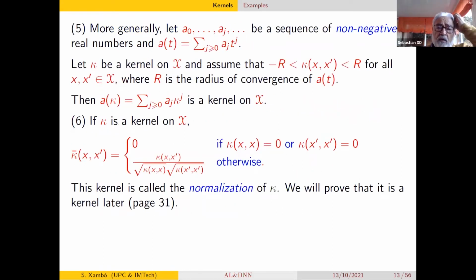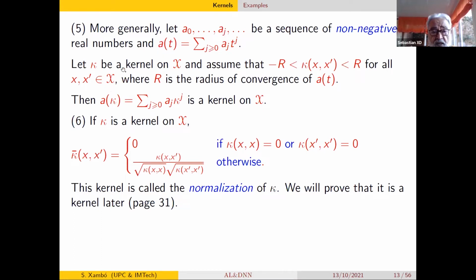More generally, you could take a power series, A of t, the sum from 0 to infinity of a_j t^j, a power series in one variable, with a sequence of non-negative coefficients a_0, a_j.